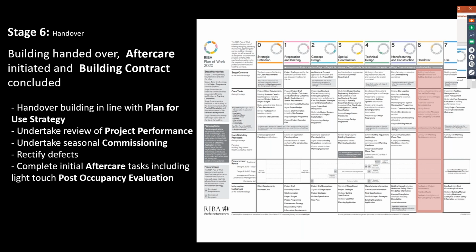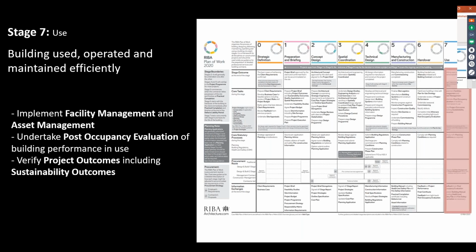And we may also need to rectify any defects which still exist in the snagging list. And of course, there are some aftercare tasks that we will need to do, and we are recommending that a light touch post-occupancy evaluation is undertaken before the project team close out the project and everyone moves on to a new project.